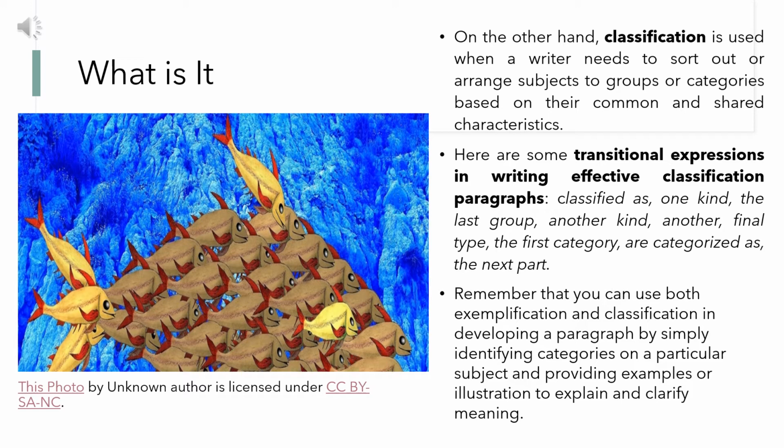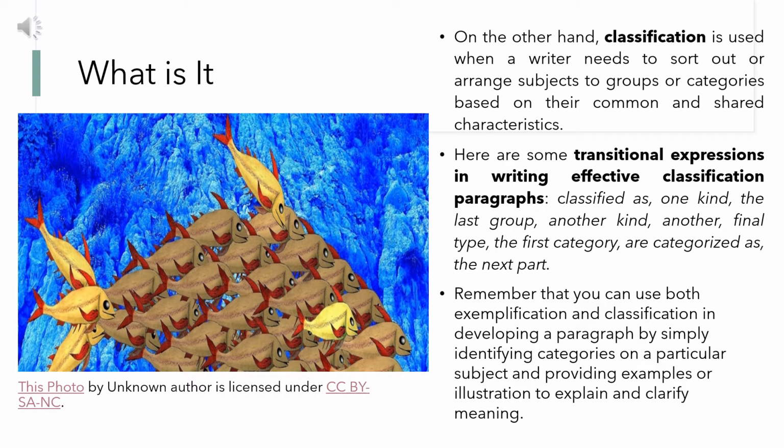Anyway, a topic sentence can be found at the beginning, middle, or end. So that can be found at the end part of the fish. So let's claim that it is the topic sentence, and the two different colors of fish can be considered as the transitional expressions.